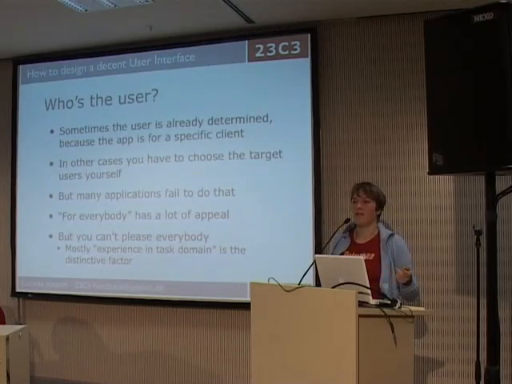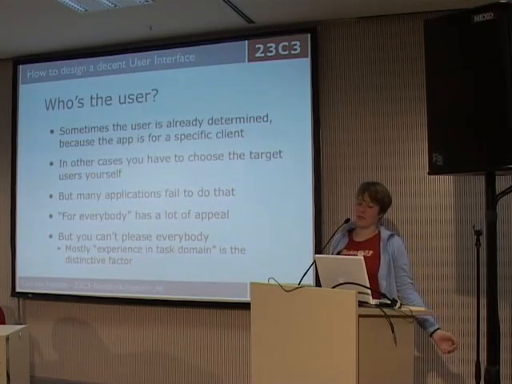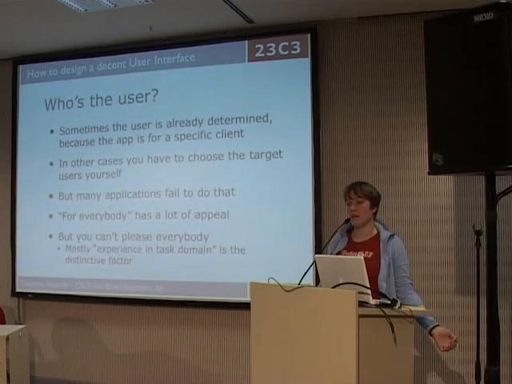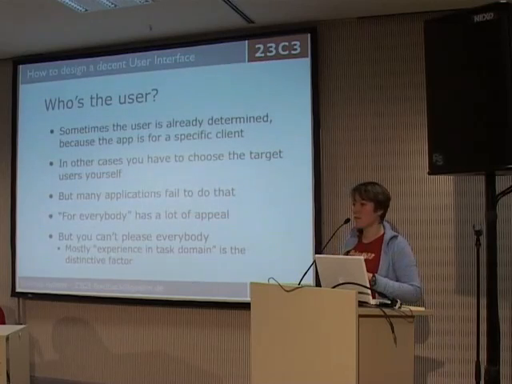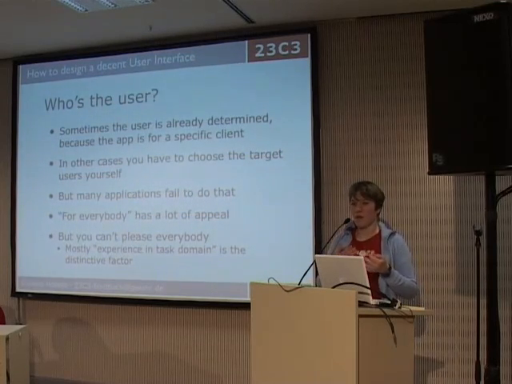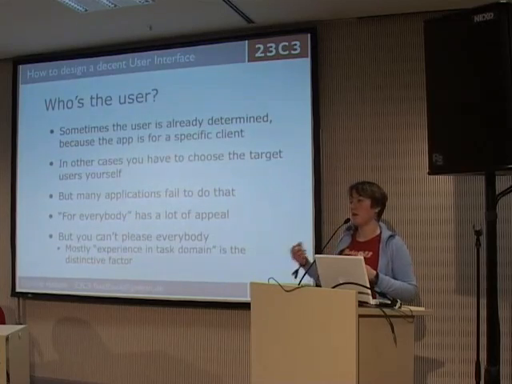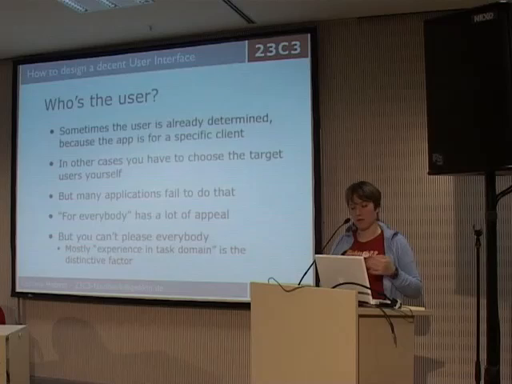But have you ever tried to please everyone? It's impossible. If you try to please everybody, you'll just make everybody unhappy. So it's a very hard thing to do, to please everybody. And the most grave distinction here is experience in the task domain and possibly experience with computers.